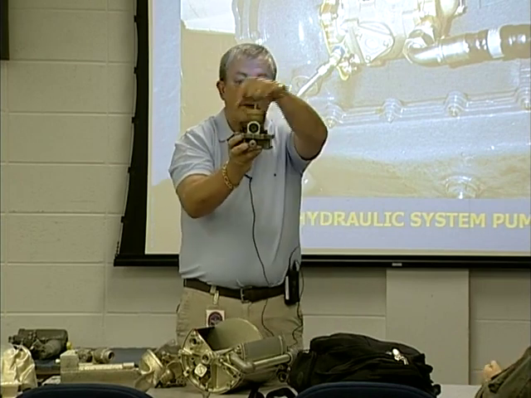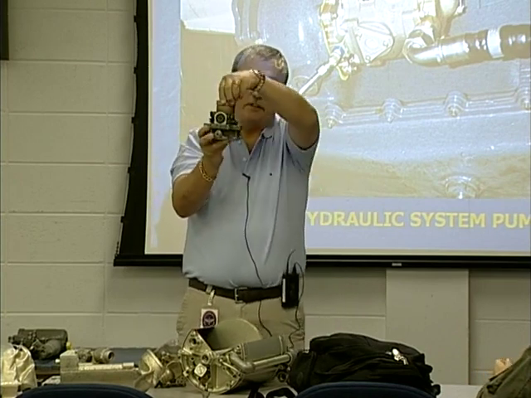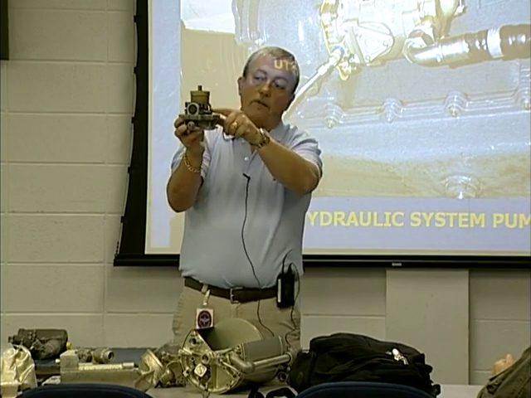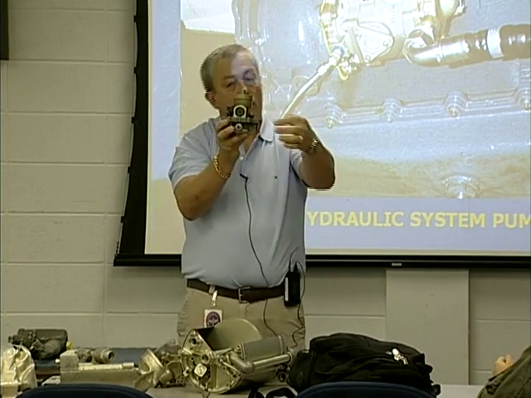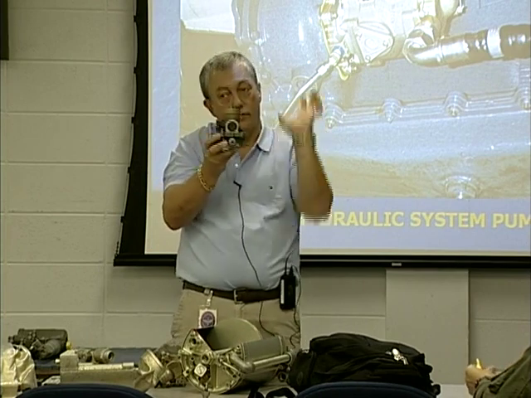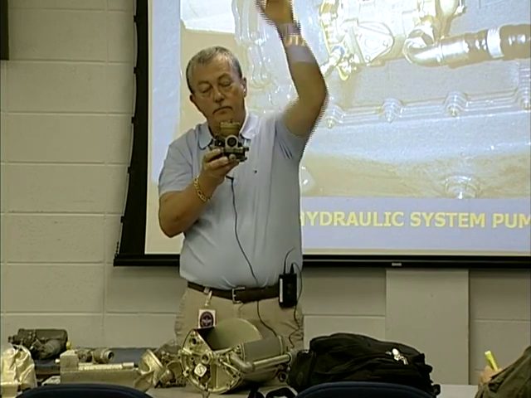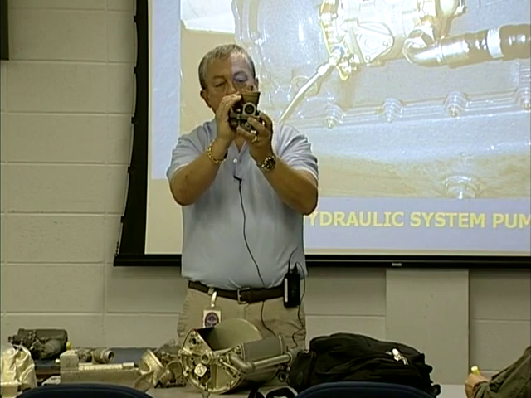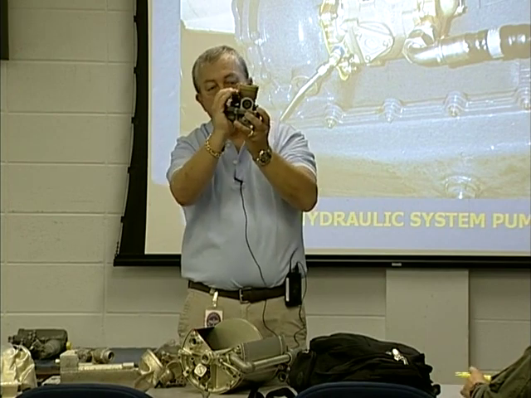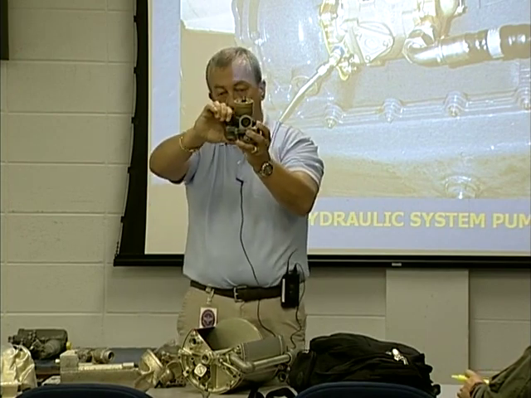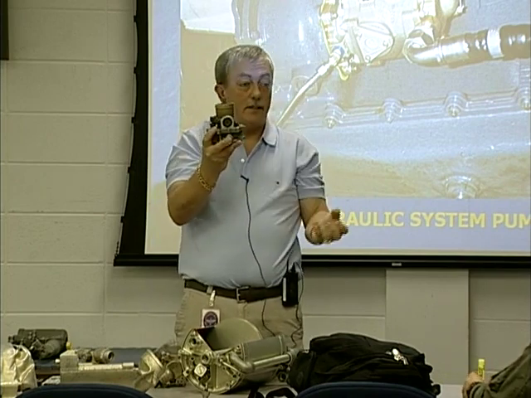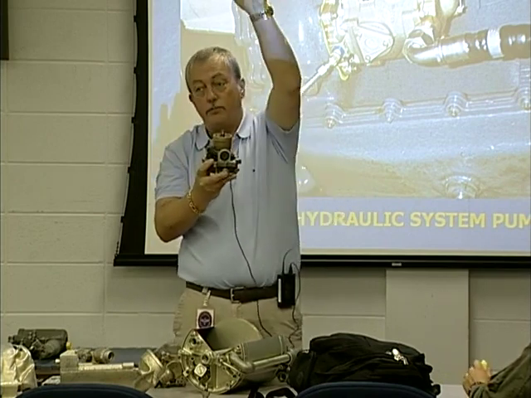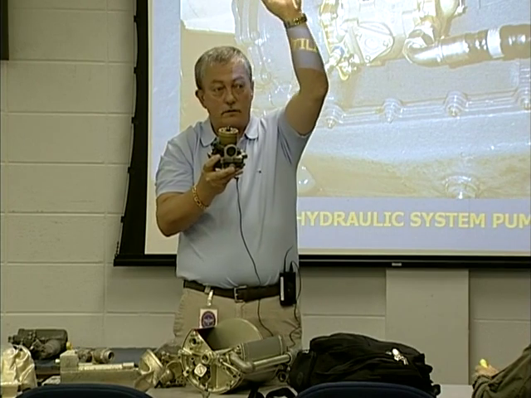When the pump operates and these pistons go around, when they come down on this low side, they're drawing in hydraulic fluid. When they come back up on the high side, they're pushing out hydraulic fluid. So if we're not using any hydraulic fluid, with 3,000 PSI back pressure building up here, the pistons come around and aren't sucking in any hydraulic fluid, so there's no hydraulic fluid for them to push out. Simple?